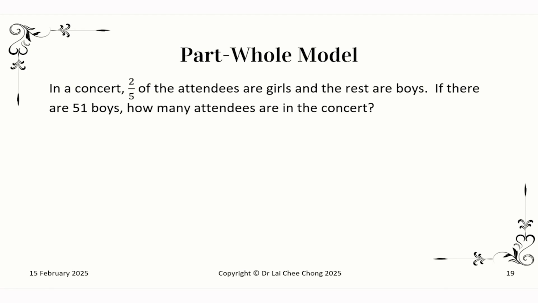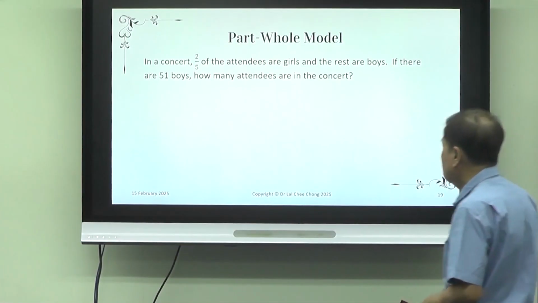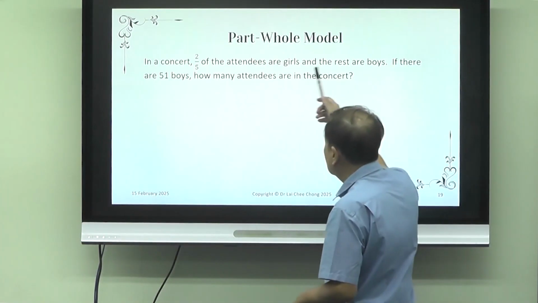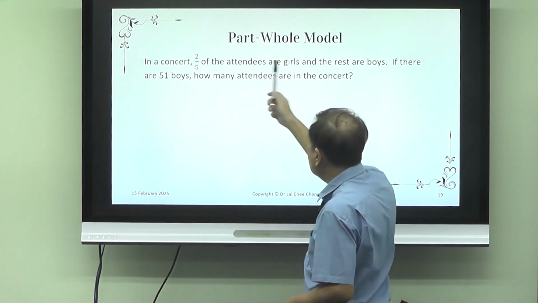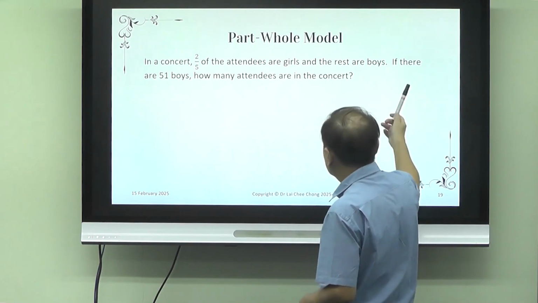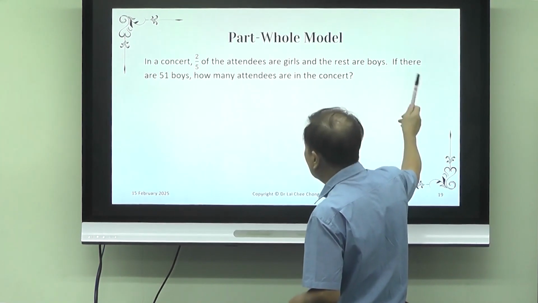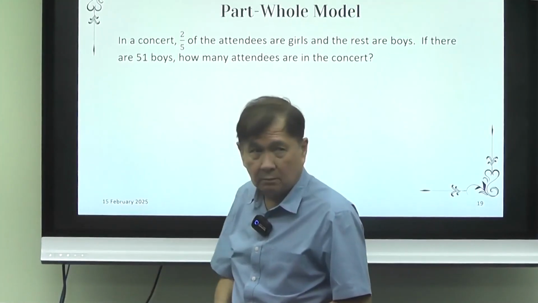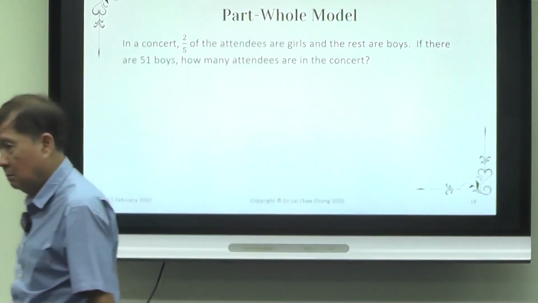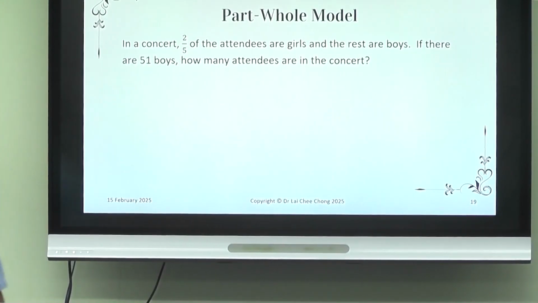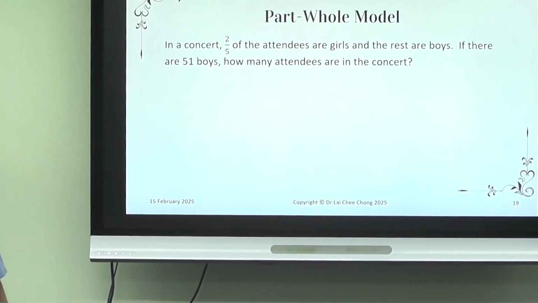How many attended the concert? Am I right? I want the whole. Yes. So I only know that what? 2/5 of them are girls. But the boys, I know, 51 boys are there. In total, how many? In the concert, in other words. So how to draw the part whole for this one here?